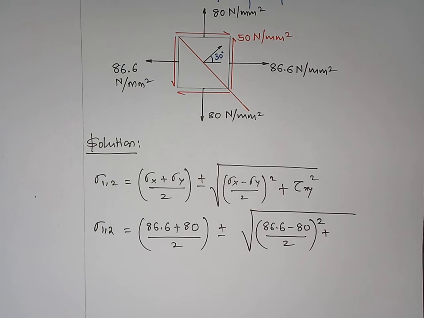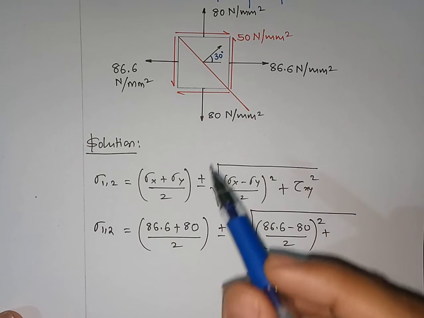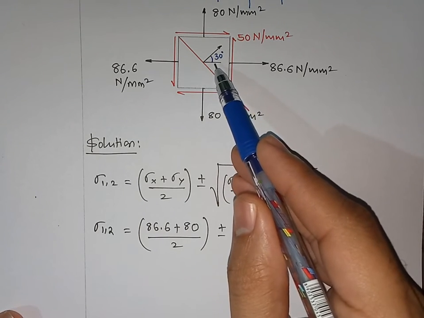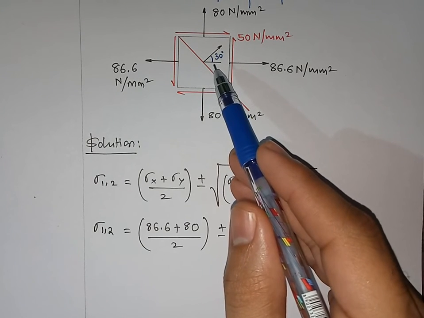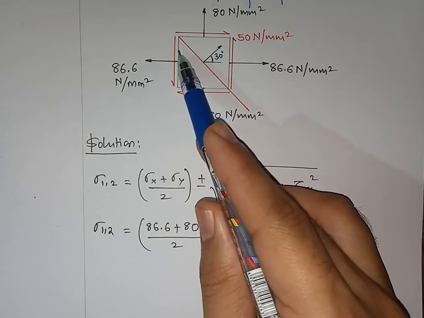Now in order to decide the magnitude as well as direction, magnitude is fixed, it is 50, but whether I should take it as positive or negative, that depends upon which will be my reference plane. So I told you, if this is 30 degree, then automatically this angle will also be 30 degree.